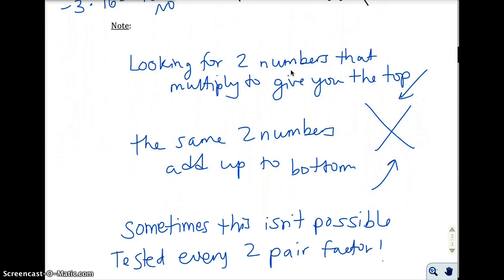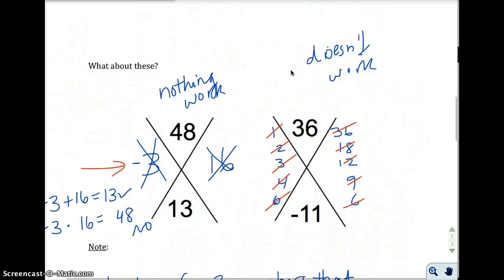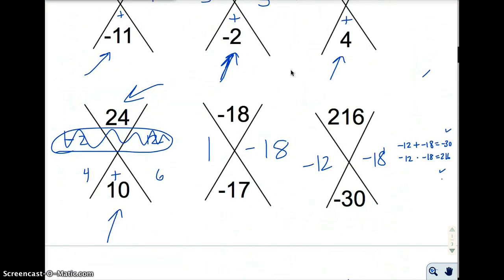What I mean by that is, if we'd gone back to this problem right here, and remember how we tried one of them early on and it didn't work? If we'd quit right then and there, then we would never have seen the negative 12 and the negative 18. So just keep in mind that you don't want to quit. You want to go through every two pair and exhaust all your possibilities.